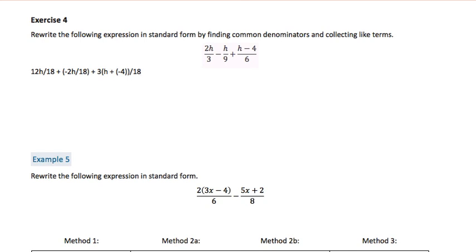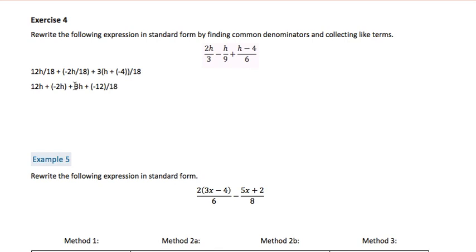Now once everything has the same denominator, we can write the whole expression, 12h plus negative 2h plus 3h, we're distributing, 3 times h, plus negative 12, which is 3 times negative 4, over 18.